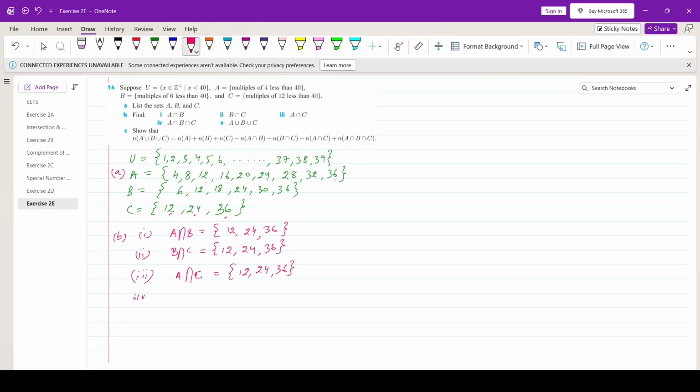So part 4 says A intersection B intersection C. So 12 is present here and here. So 12 will be a part. 24 is present here, here and here. So 24 will also be a part. 36 is present here, here and here. So all the three elements.